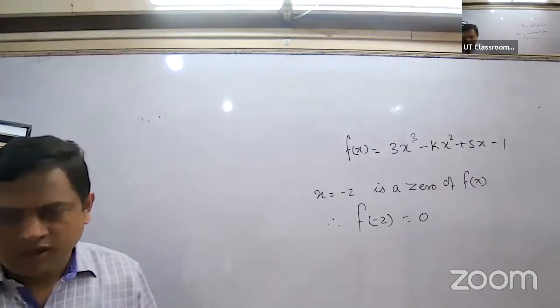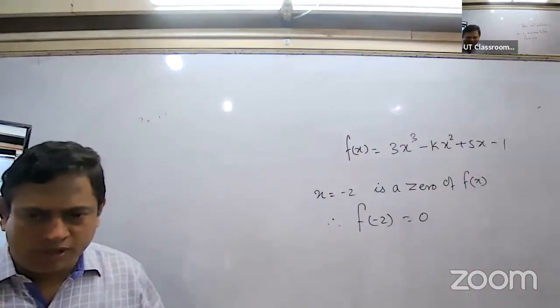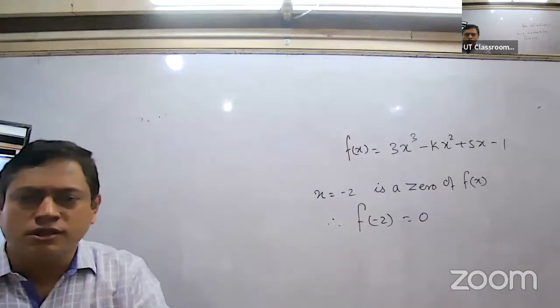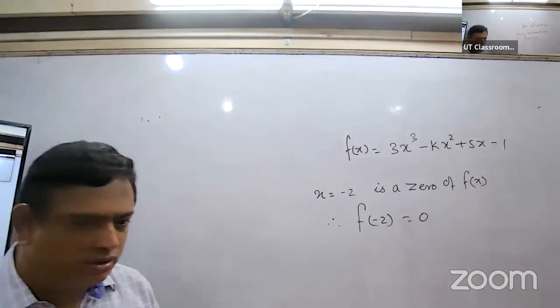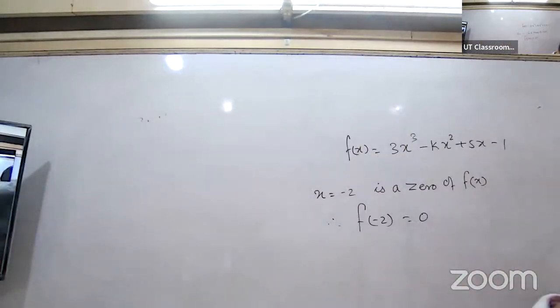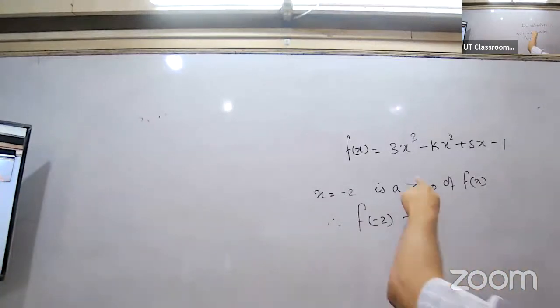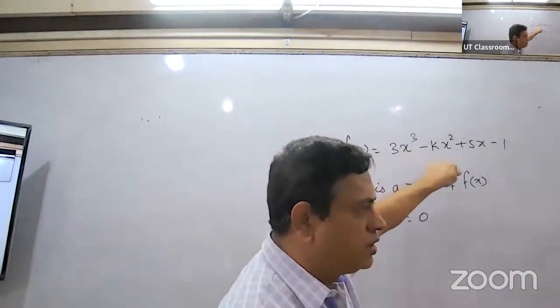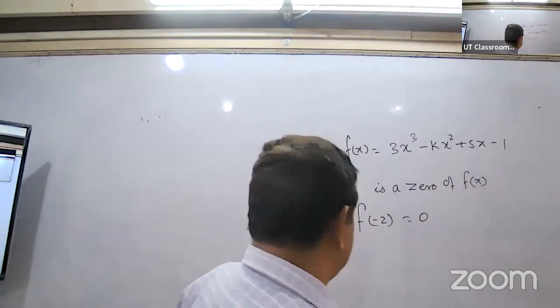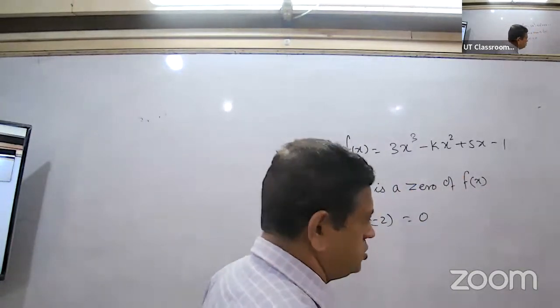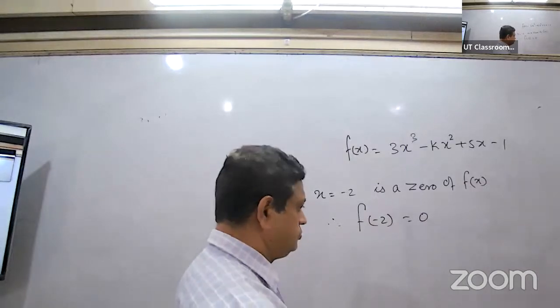Whenever I make some mistake, immediately tell me, don't talk to each other. Not replace. You got it? No. Replace x equal to minus 2 wherever there is x in this expression, and equate to 0. Should I write, or can you write? Yes, right.